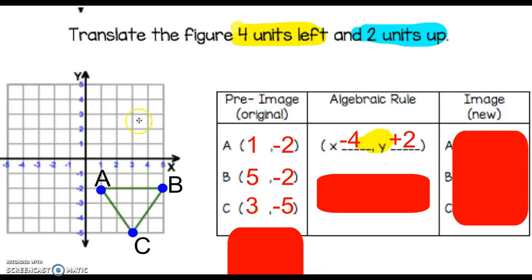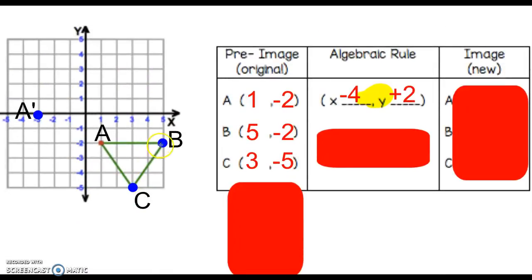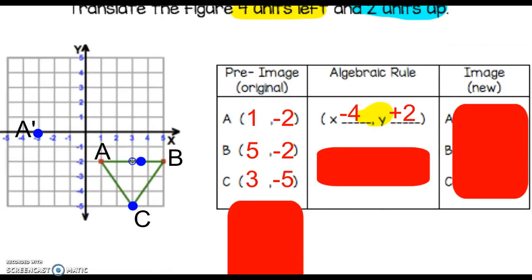Okay, so now I'm going to move each point. I'm going 4 left: 1, 2, 3, 4, and 2 up: 1, 2. That's A prime. Then I'm going to go 1, 2, 3, 4, and 1, 2. That's going to be my B prime.